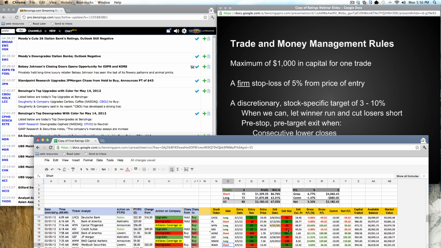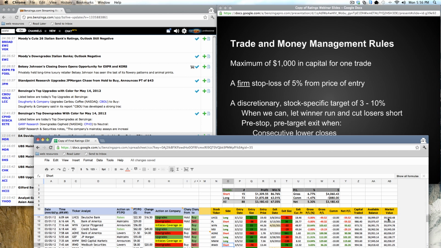The analytics box at the top aggregates results for a quick analysis. On the left side, you find our trigger for the trade, the trading signal, as copied from Benzinga Pro in real time. Our net profit was $3,180 on a capital base of just under $60,000.